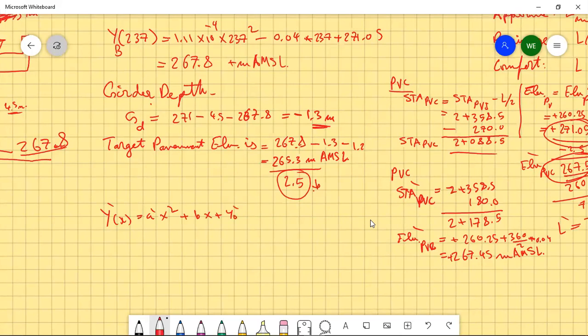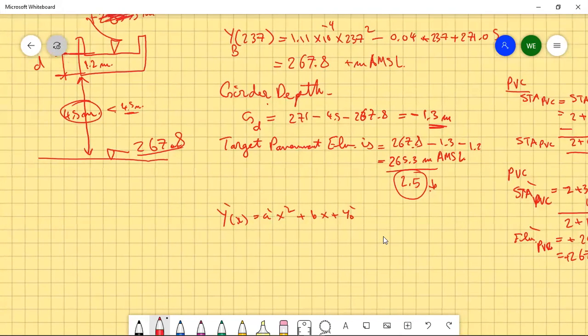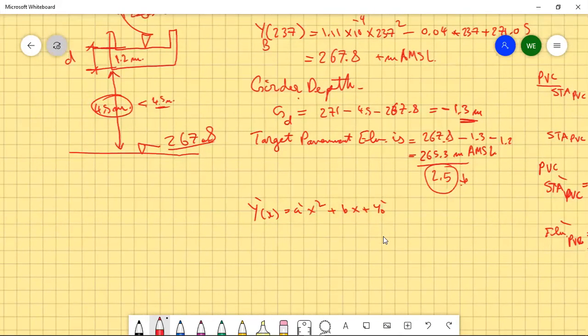So the new a dash equals g2 minus g1 over 2L dash. So it equals 0.08 minus 0.04 divided by 2 multiply 360.